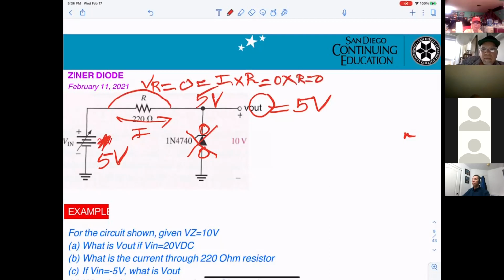That is how it goes. For this type of circuitry, you have to know right away. Don't have to do much calculation, okay? Any question up to this point?